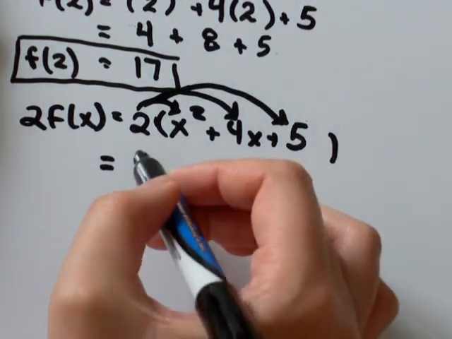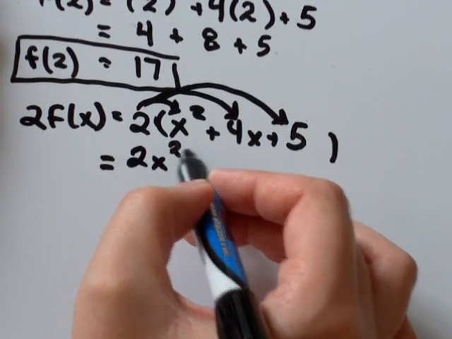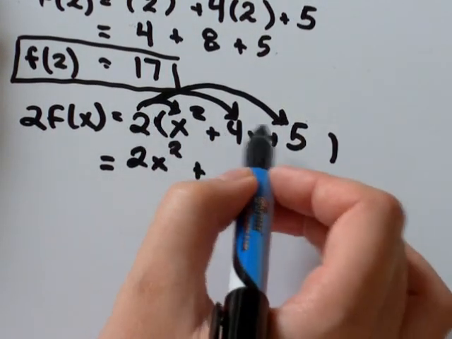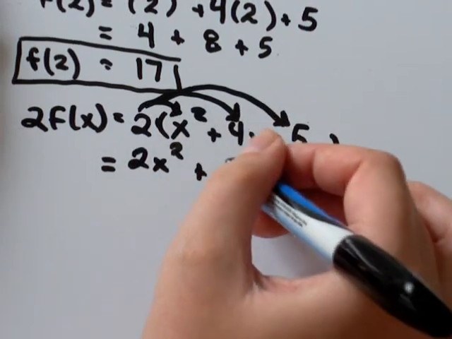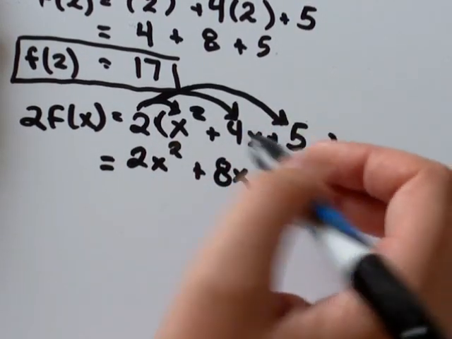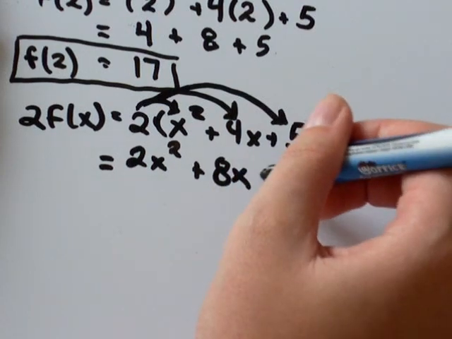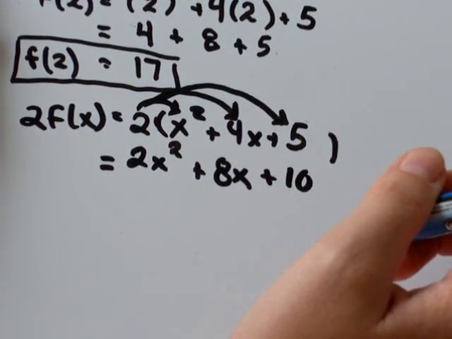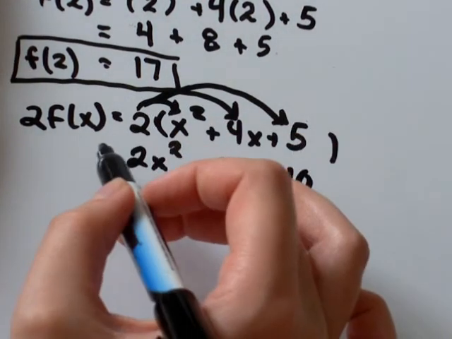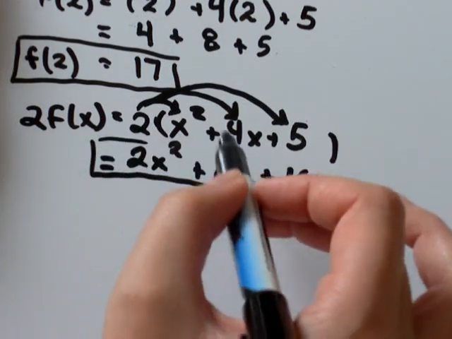So 2 times x squared is 2x squared plus 2 times 4x. 2 times 4 is 8x. 2 times 5, that would just be 10. And that's it. You're done.